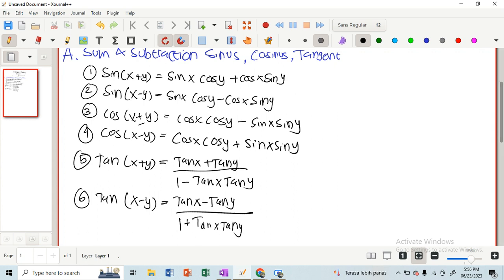The only difference here is in the operations. We change it from positive to negative in the above term, and for the below term, from negative to positive. It's a pattern that you can see.